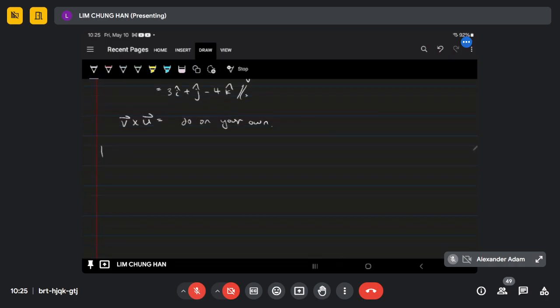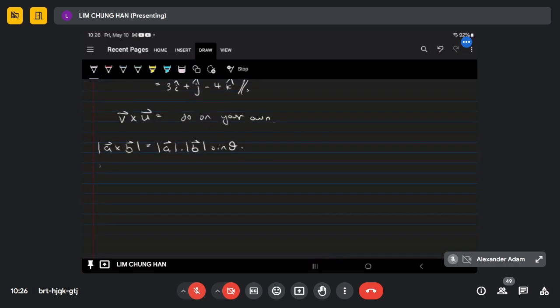The magnitude of A cross B. You can derive a relationship like this: the magnitude of A cross B equals the magnitude of A times the magnitude of B times sine theta.